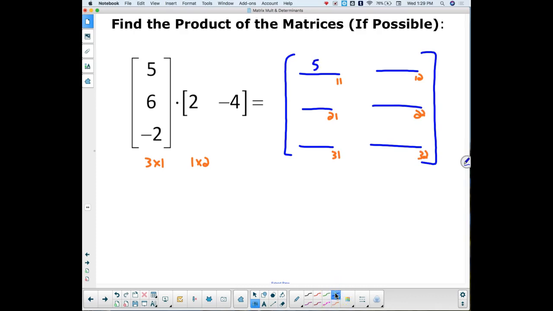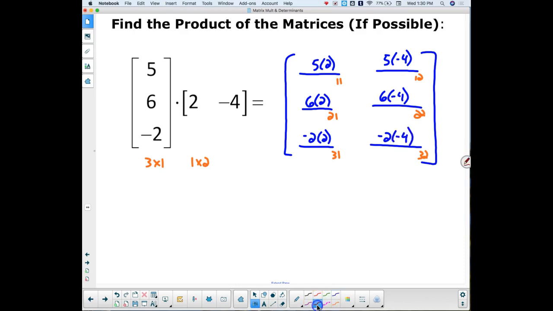5 times 2 here. 5 times negative 4 here. 6 times 2 here. 6 times negative 4 there. Negative 2 times 2 here. And negative 2 times negative 4 there.